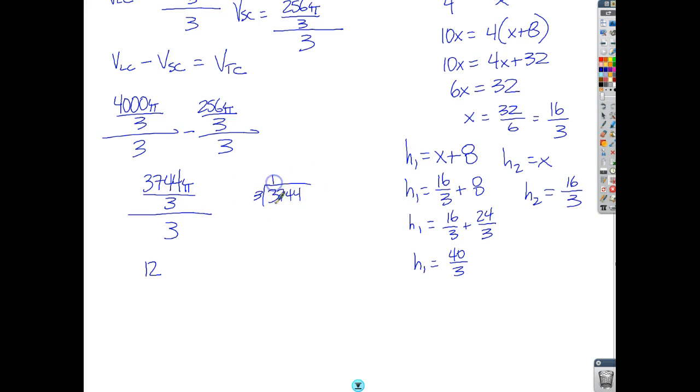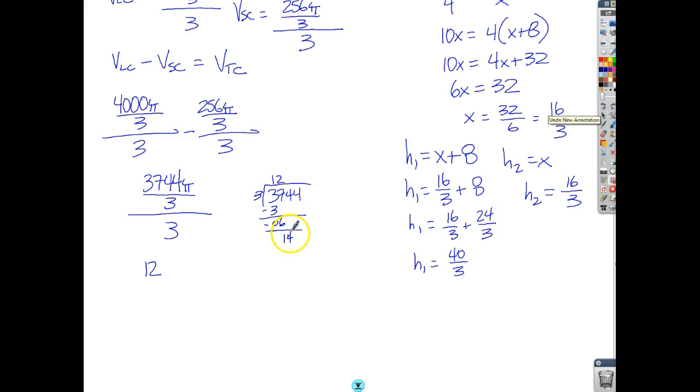3 goes into 3 once, 3, 0 left over. 3 goes into 7 2 times. That uses up 6, and I've got 1 left over. Then I bring the 4 down. 3 goes into 14 4 times.